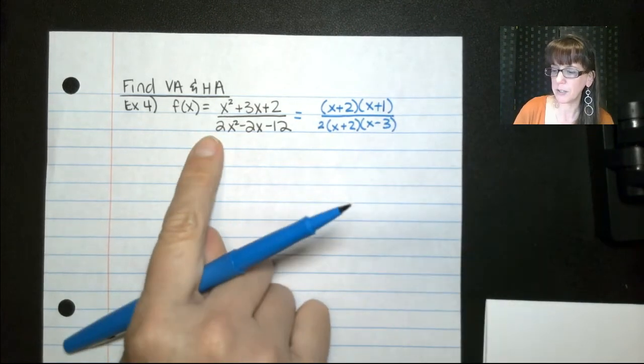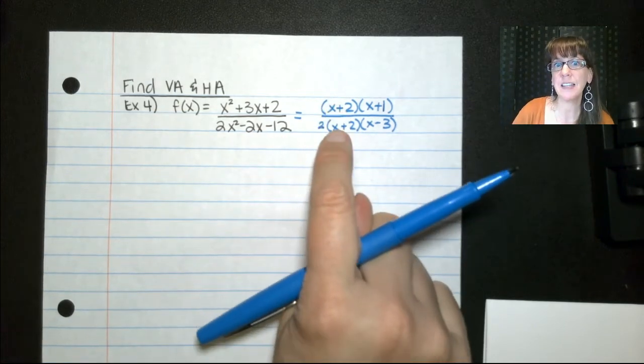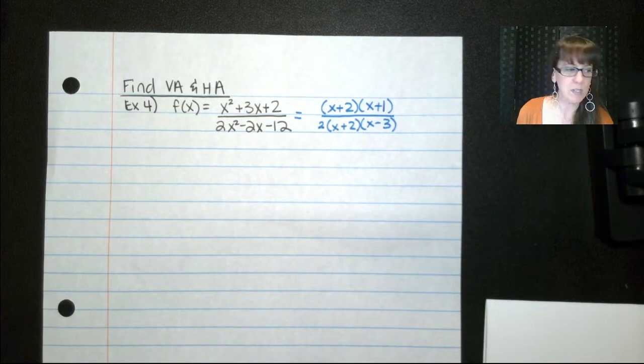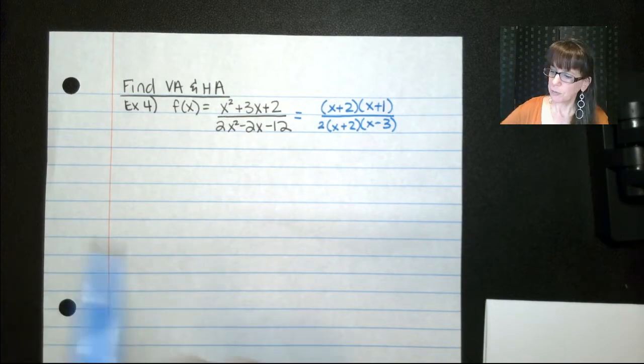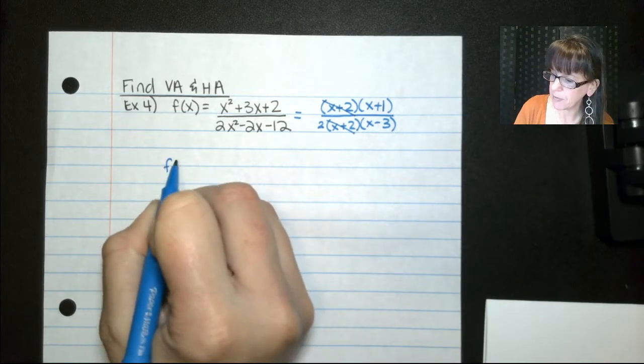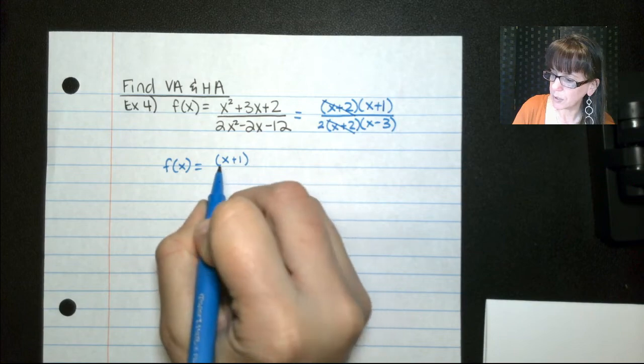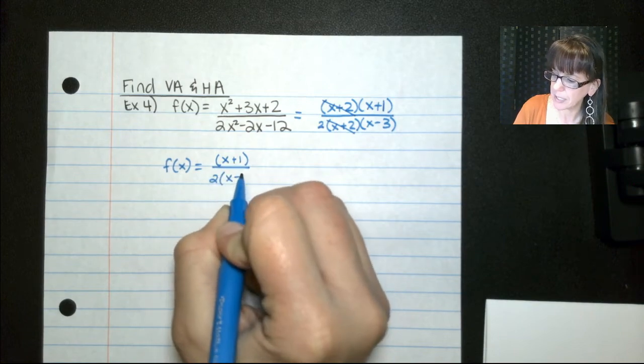So we factor out a 2 from all of those. Now, here is a good case. You will see that we have ones that we can cross out here. So if we cross these out, our new function is f of x equals x plus 1 over 2 times x minus 3.